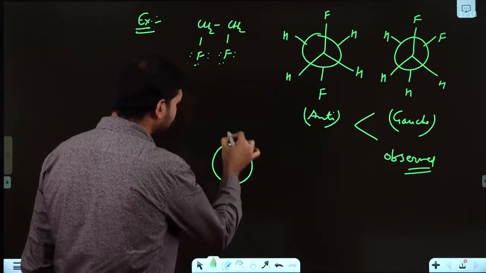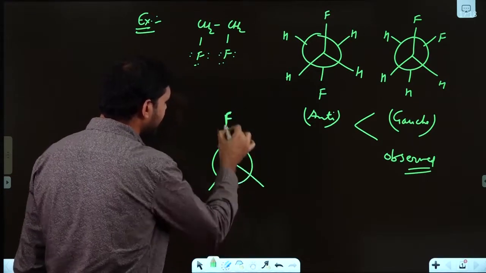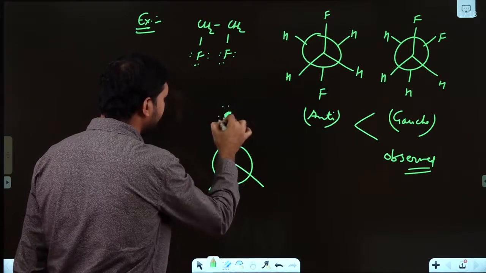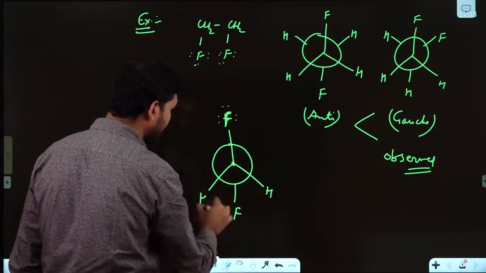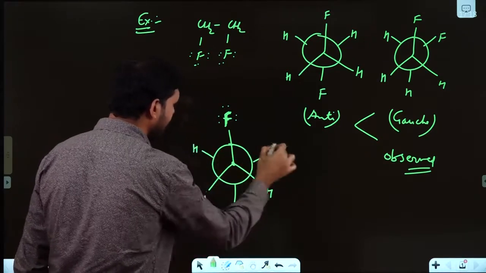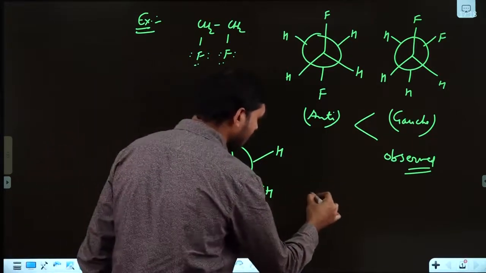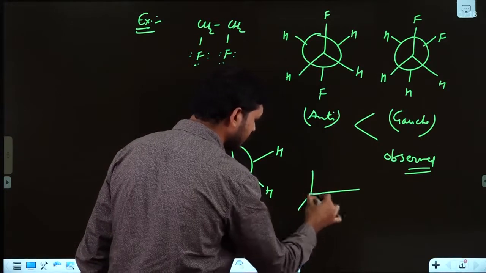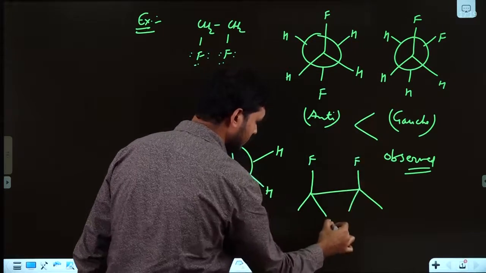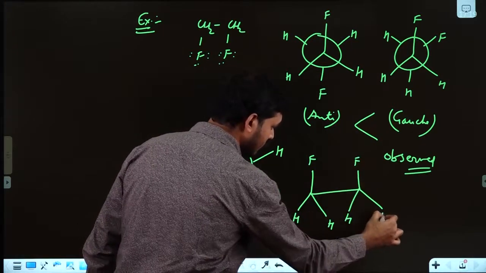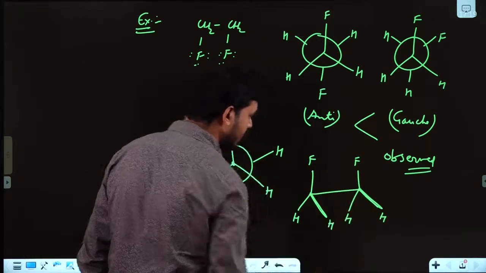See, this fluorine atom of the front carbon is having lone pair of electrons as well. Okay, so if this fluorine, hydrogen, hydrogen, hydrogen, hydrogen, in this anti-form, let's draw, these are on the same side, right?